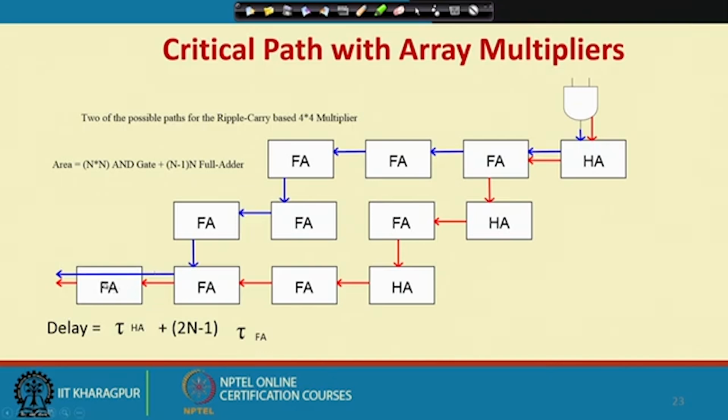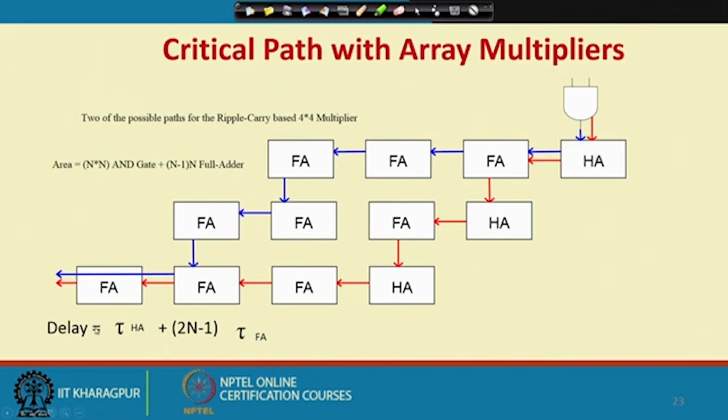Then again 7, but here 2 half adder cells are there. So, 2 half adders, and how many full adders? 1, 2, 3, 4, 5, 6 full adders. But in another path, there are 1, 2, 3, 4, 5 full adders and 2 half adders. 2 half adder delay can be considered as 1 full adder delay. So, 6 full adder delay in this particular case along with 1 half adder delay, and in this path also 6 full adder delay, 1 half adder delay and 1 AND gate delay.